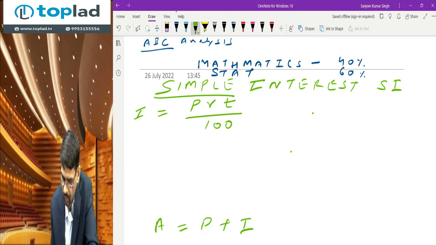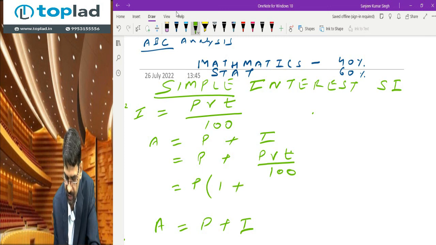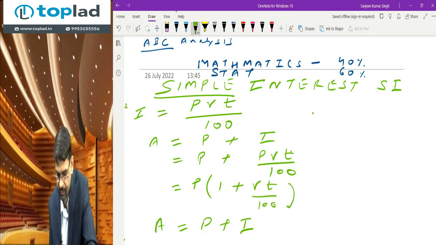Okay, 1, 2, 3. You see, A is equal to principal plus interest, and you can put PRT over 100 here. Take P common from here: 1 plus RT divided by 100.